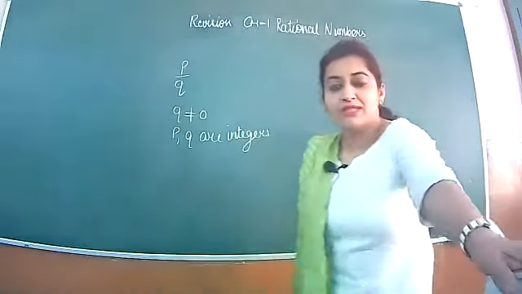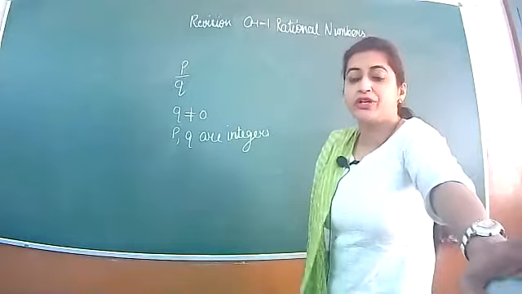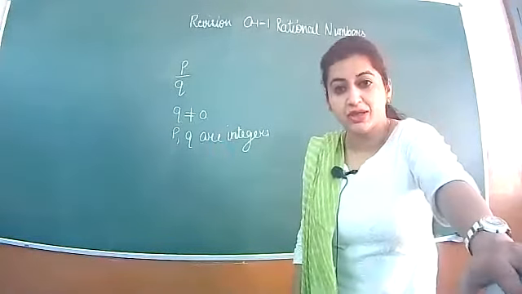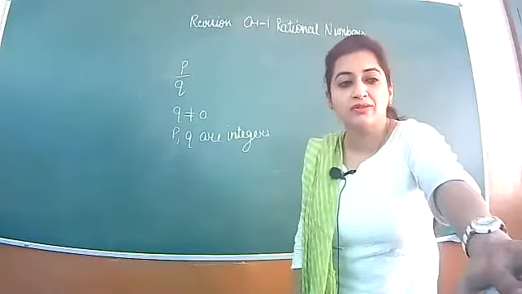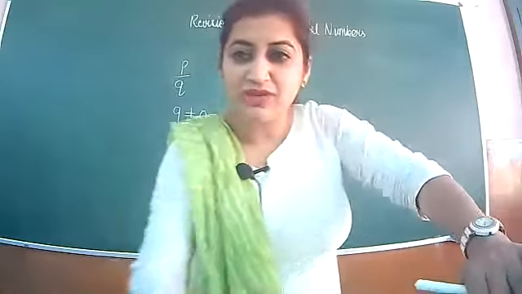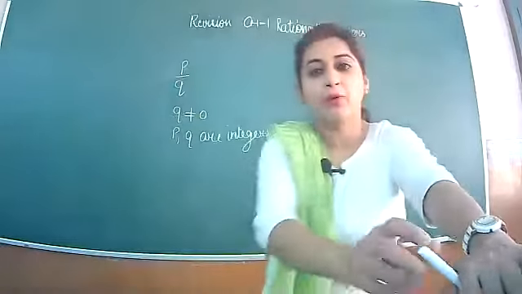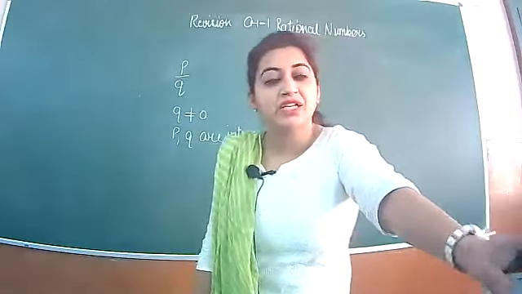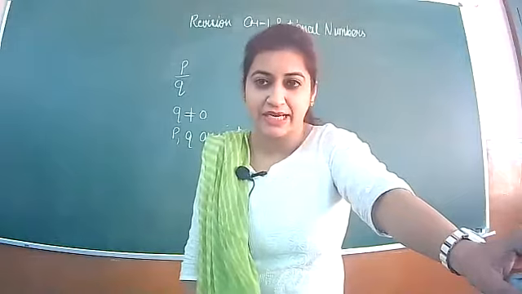When we discussed this chapter in the beginning, I told you about the term fraction and rational numbers. What is the difference between them? Rational numbers can be positive and negative because they are composed of integers, and integers are positive as well as negative.